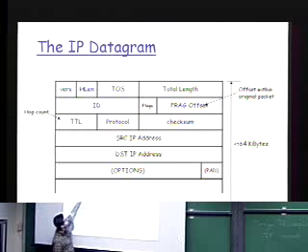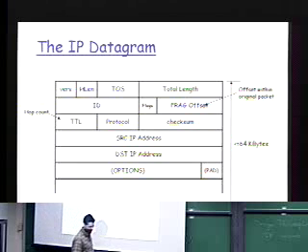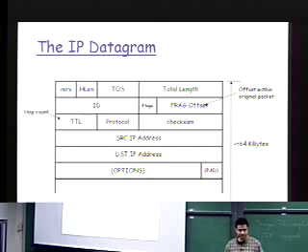Every IP packet has this field called IP ID, and that's very important. IP ID is important because packets on the internet, as they go from hop to hop, might get fragmented. And once they get fragmented, they're not reassembled inside the network.